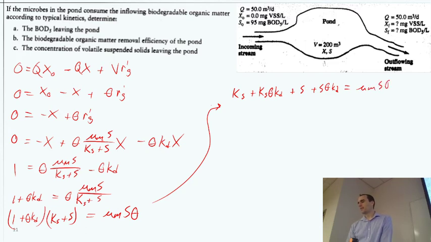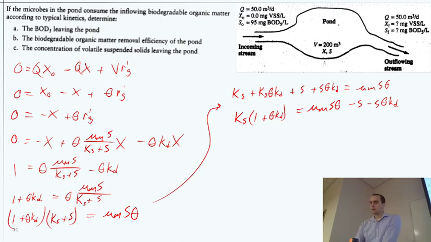times S times theta. Okay, so from here, I'm going to get all of the S terms together on their own. So we'll have Ks, go ahead and factor that out, 1 plus theta KD equals mu max S theta minus S theta KD.